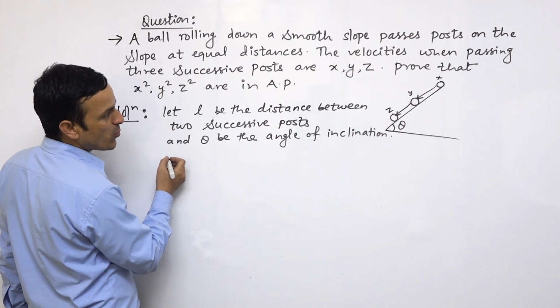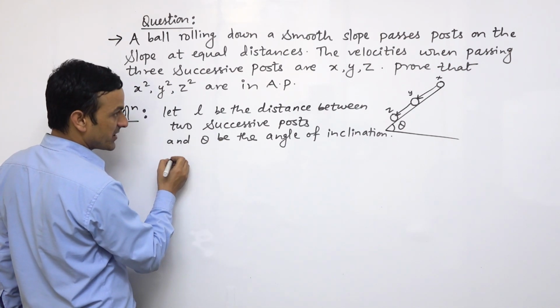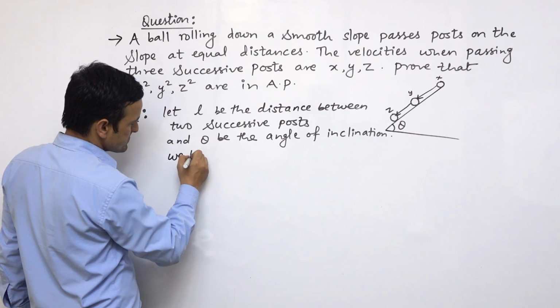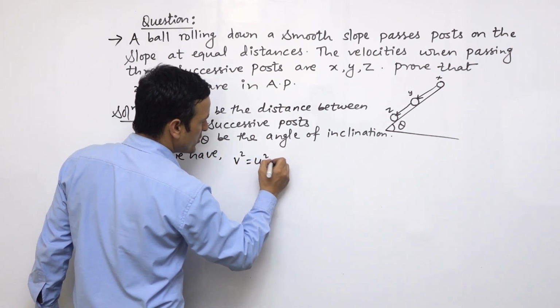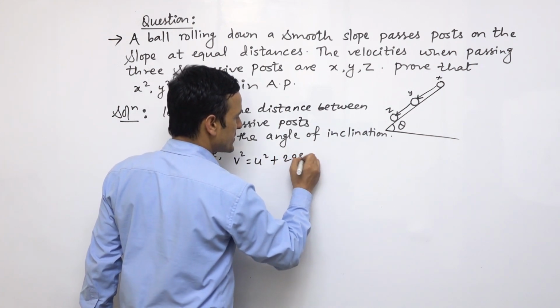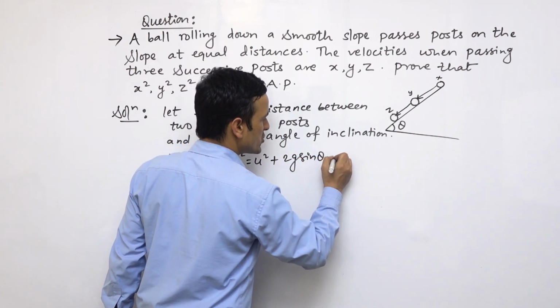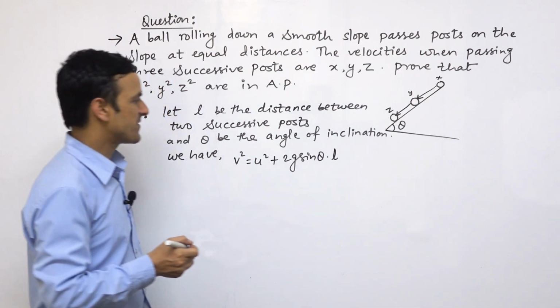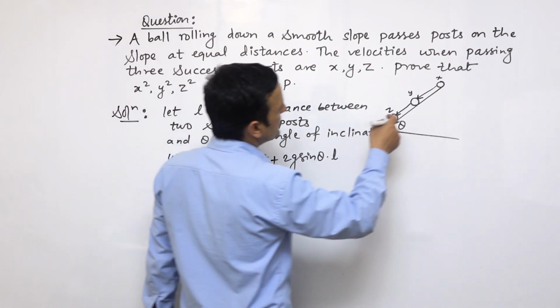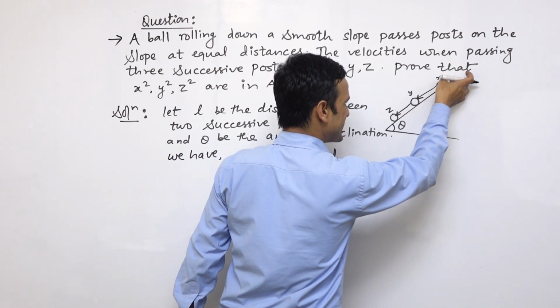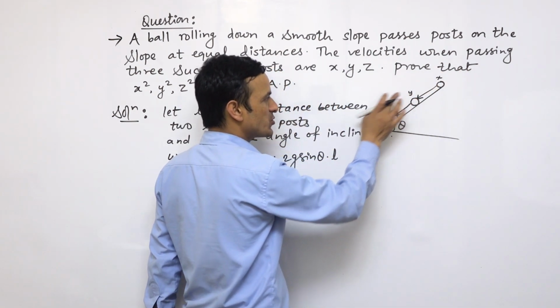Now for the post, from the figure we can write down the formula like this. We have v square is equal to u square plus 2g sine theta into L. So this is the formula. So we have u here, initial velocity is x, final velocity is y.